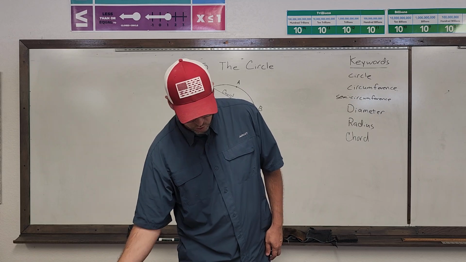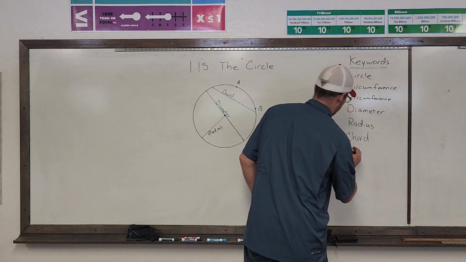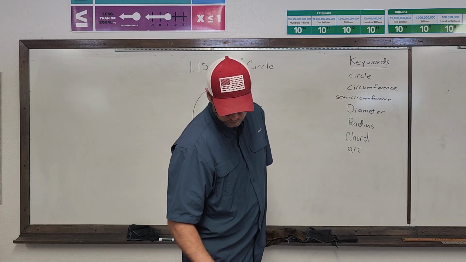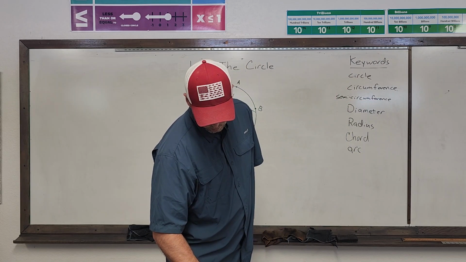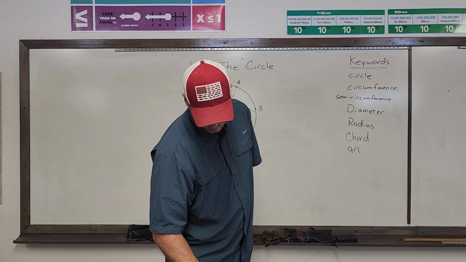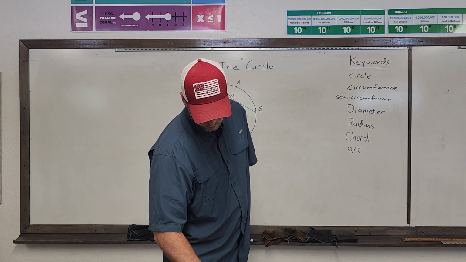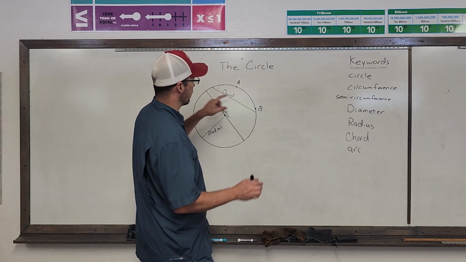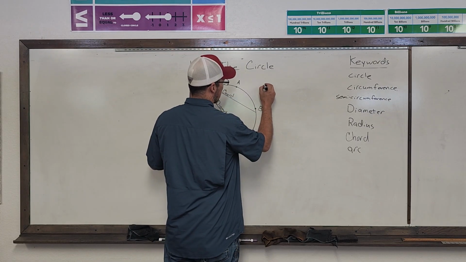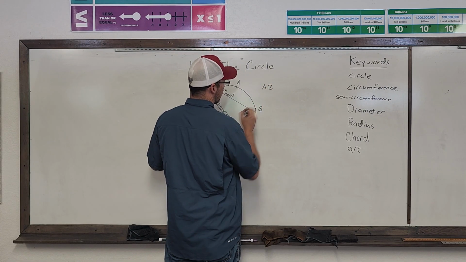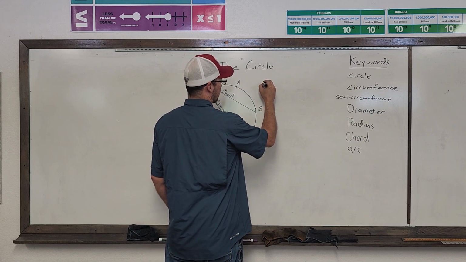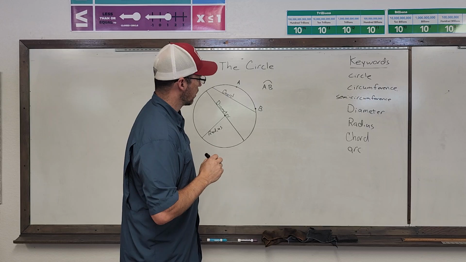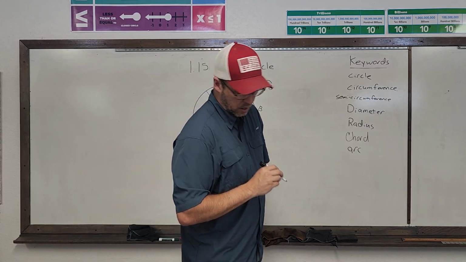So we need to know what arc is. This arc length would be written kind of like a line would be. So we have AB, and instead of having a line over it, we're going to have a curve. That's the arc length from A to B. That's how we would represent that.